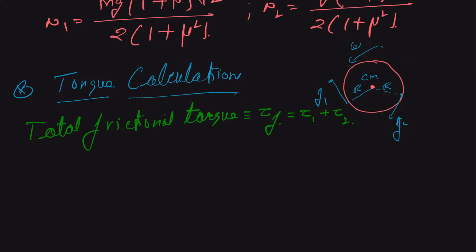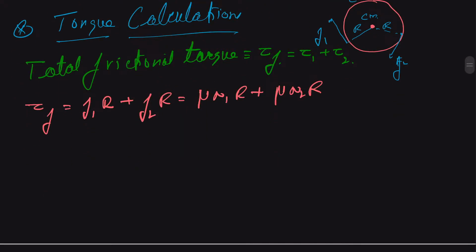That is F1 times R plus F2 times R. F1 and F2 we already know in terms of normal, so we can write this as mu N1 R plus mu N2 R. Taking common, tau f will be equal to mu (N1 plus N2) times R.